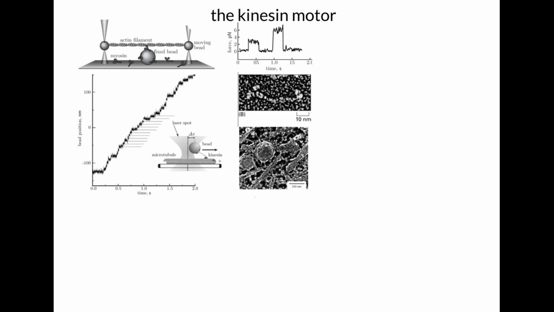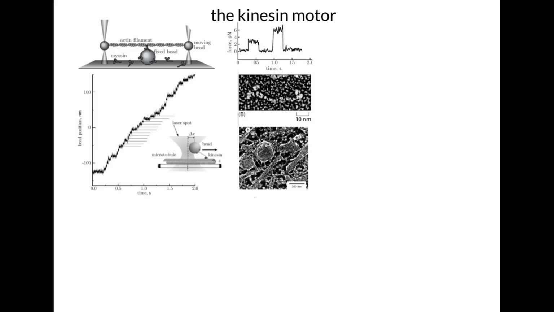The experiments showed that the movement of the motor is a stepwise motion. The steps taken are 8 nanometers, and between steps there's some waiting. The waiting can be described by some diffusional motion of one of the feet of the motor.